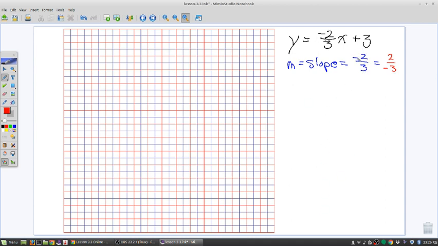So this slope has a couple of different interpretations we'll see. And my starting point would be the point 0 for x, 3 for y, because of that 3 right there.